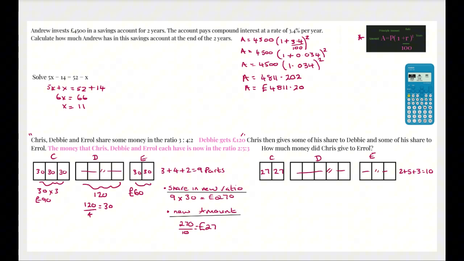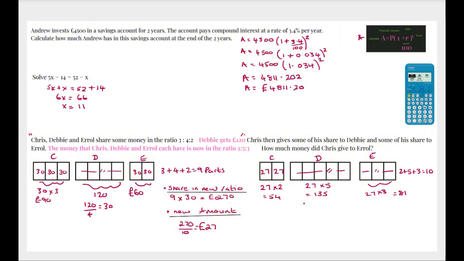Same again. So the next step is quite simply work out these. 27 times 2, 54. 27 times 5, 135. 27 times 3 is 81.